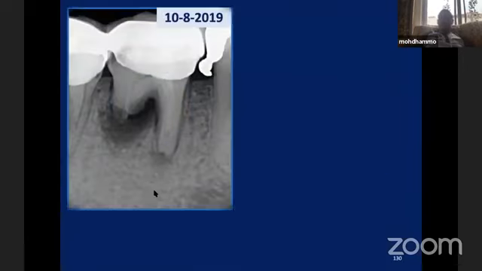So when we make root canal treatment, although here we have a huge resorption of this root, the tooth is stable, there is no mobility. So what I'm going to do, I will make root canal treatment, remove all the necrotic tissues from here, and then make my obturation.